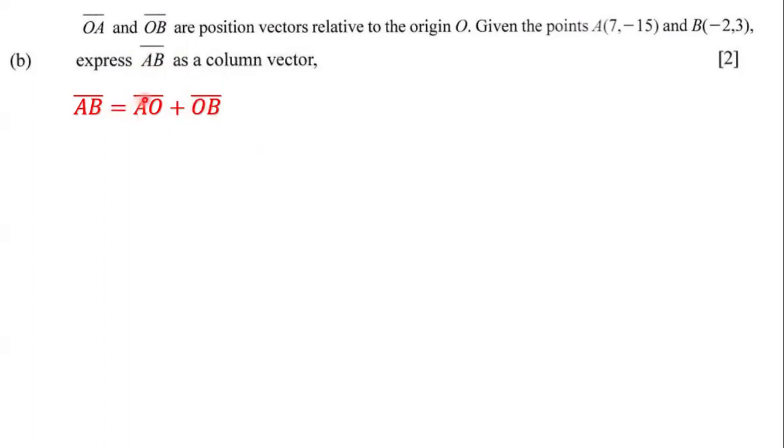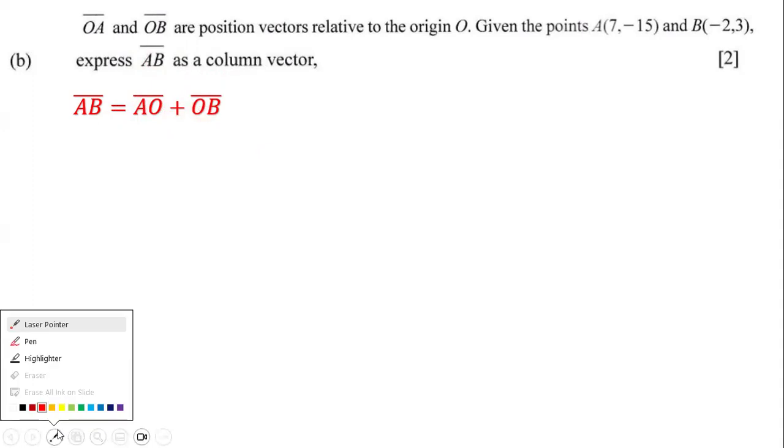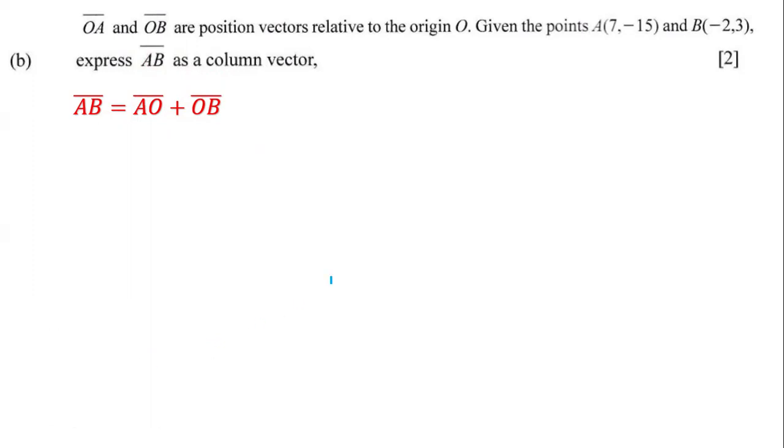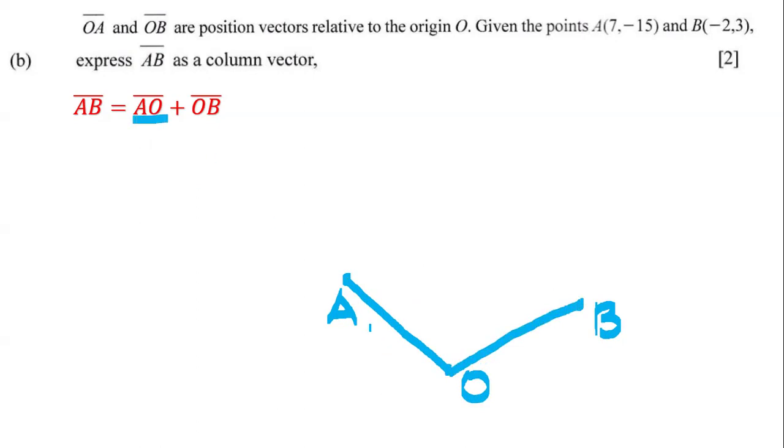And it makes sense because imagine that you have the point A, and O is the origin, and you have the point B. If you're trying to get from A to B, you go from A to O, and then you go from O to B. And so that's why we have AO, and then OB.